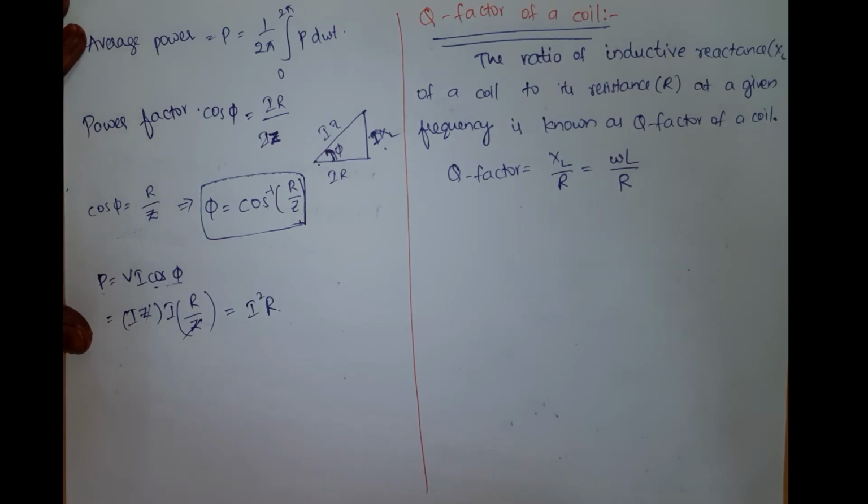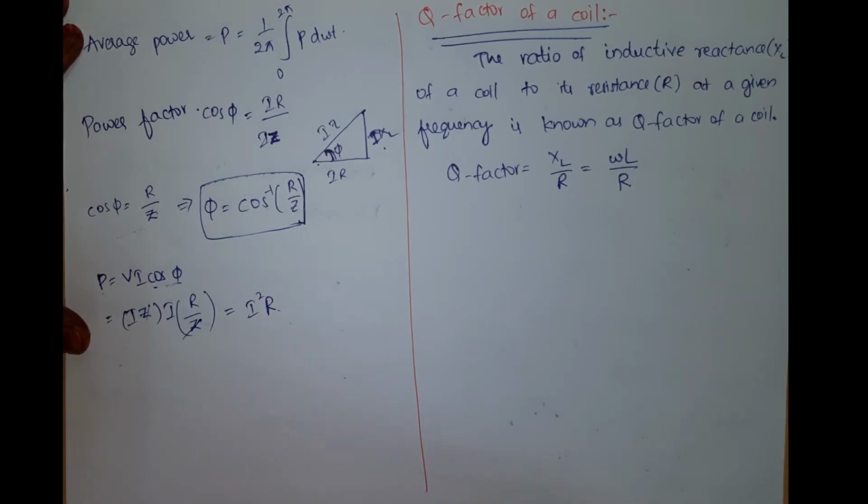Because L is inductance, which is a measure of the capacity to store magnetic field. A coil is wound to store magnetic field or magnetic energy in it. So when designing a coil, it is designed such that it has a high value of L compared to its resistance.